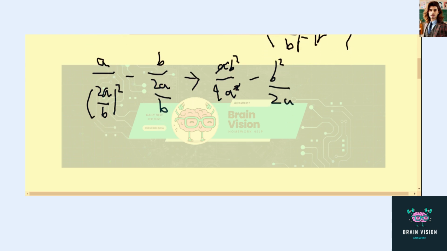Since we want to make the denominators the same, we would have to multiply 2. And that will give us 4a on the bottom. This will equal negative b squared over 4a. And this right here is our potential energy.